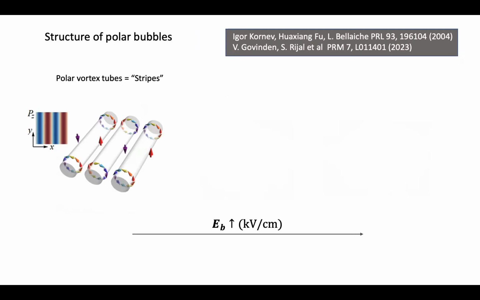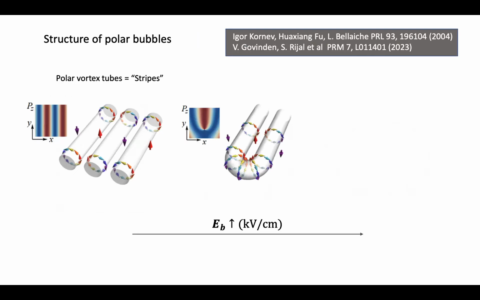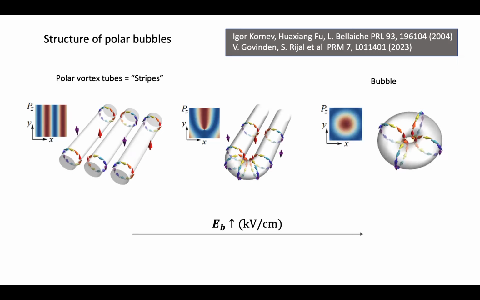Then, upon applying electric field, the stripe domains break, as you can see in the upper inset, and the tubes reconnect, thereby forming those circular vortex structures. Eventually, when the breaking reaches the point that the stripes are no longer visible, you get those donut-shaped vortex-like structures, which we call bubbles.